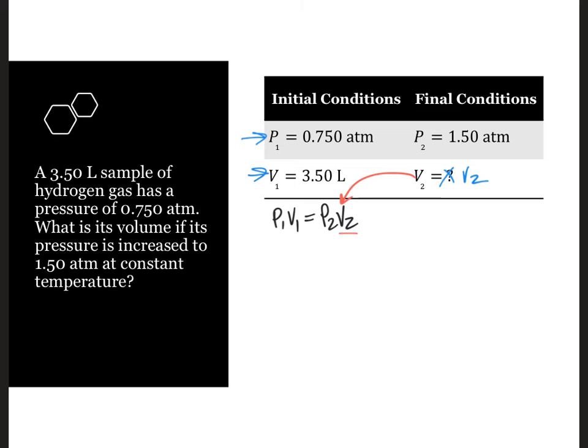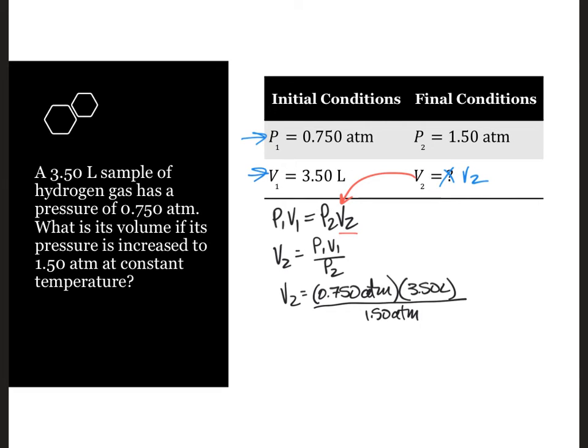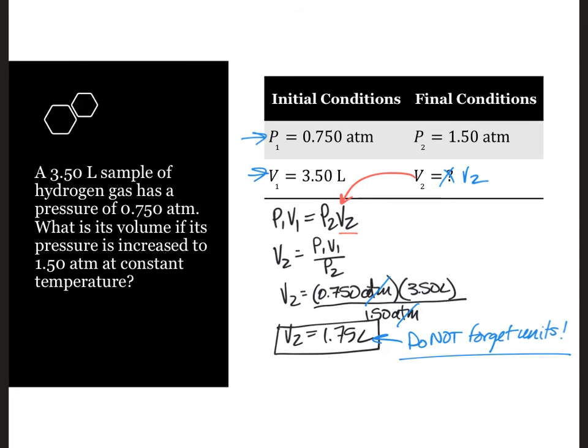To solve for V2, we need to rearrange Boyle's law, P1V1 equals P2V2, so that V2 is equal to P1V1 over P2. Plugging in the data, we get V2 equals 0.750 atm times 3.50 liters divided by 1.50 atm. Solving, we get V2 equals 1.75 liters.